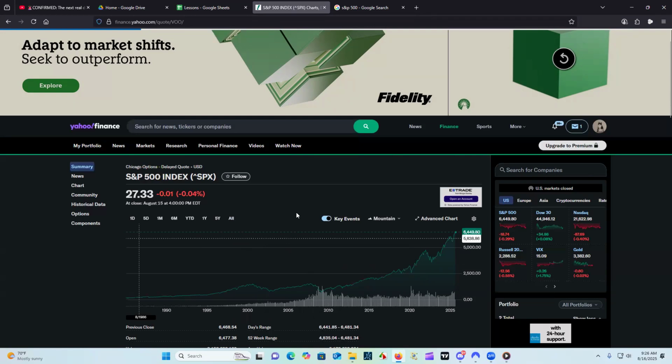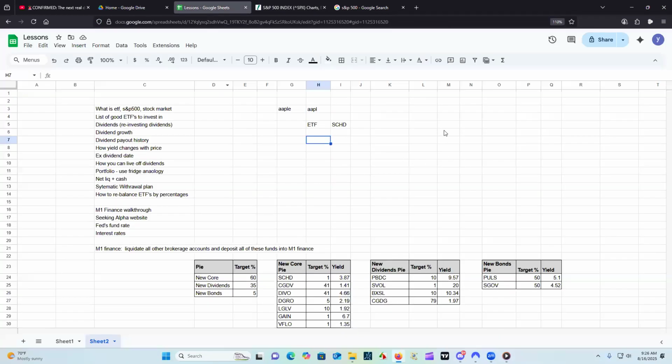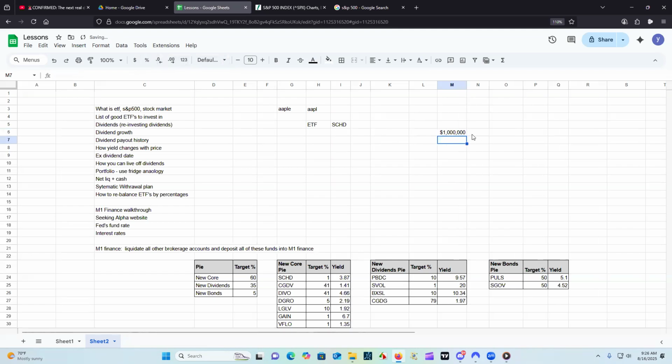Because you don't want to see your portfolio, let's say you had a $1 million portfolio, for example, and let's say it went down 50% during the COVID crash. Now your portfolio is only worth $500,000.